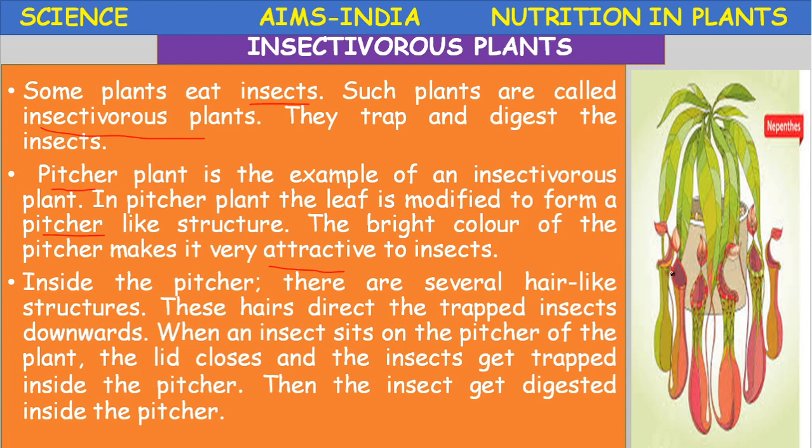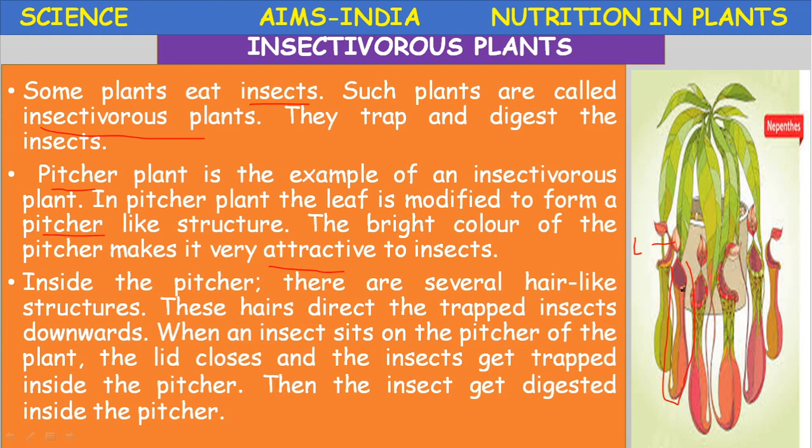So this bright colored, balloon-like structure is the pitcher, and this is the lid. Inside the pitcher, digestive juices are present. Some hair-like structures are present here.